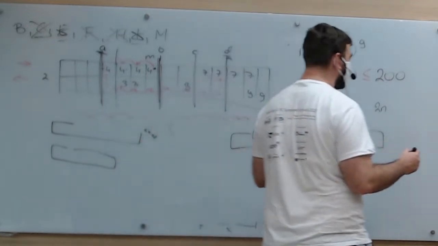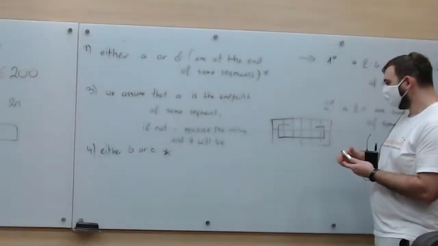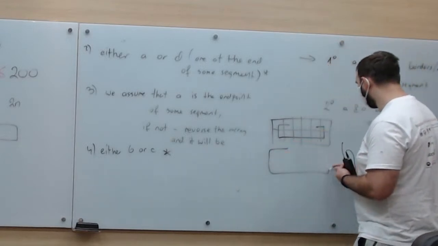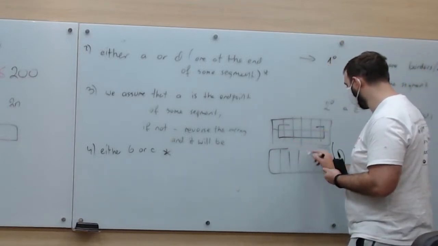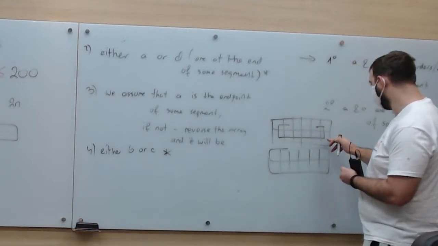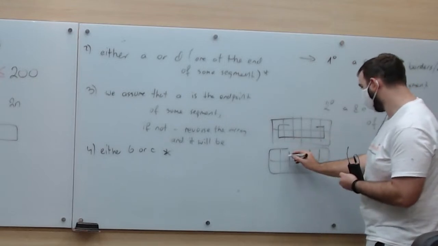Okay, let me try to do it somewhere. So when we have something like this, we want to keep the same length of this snake. So we can move this location here, so we'll have this.